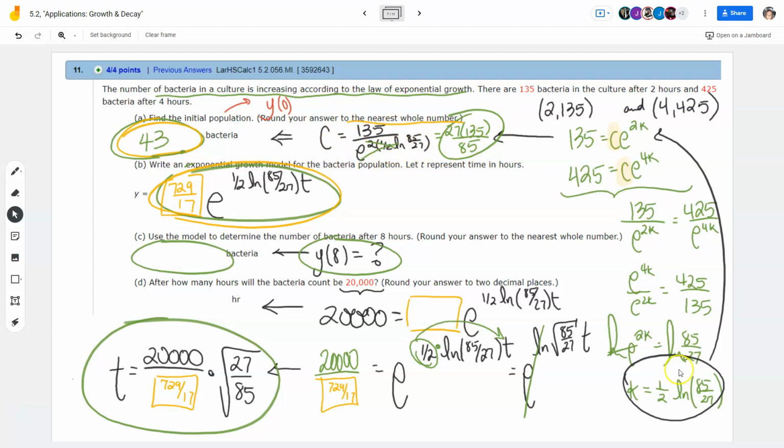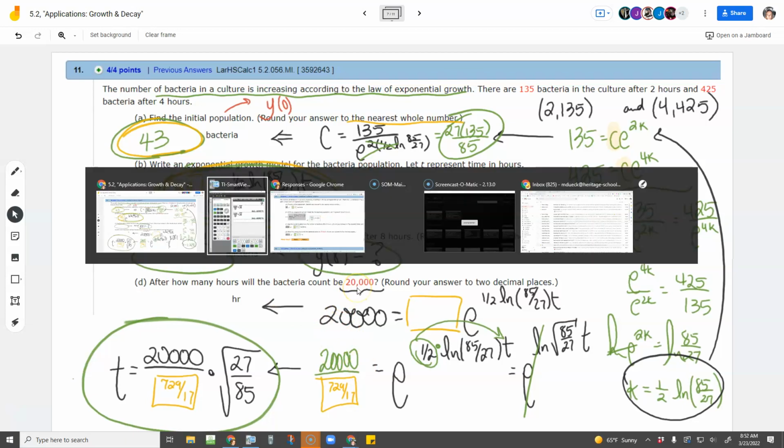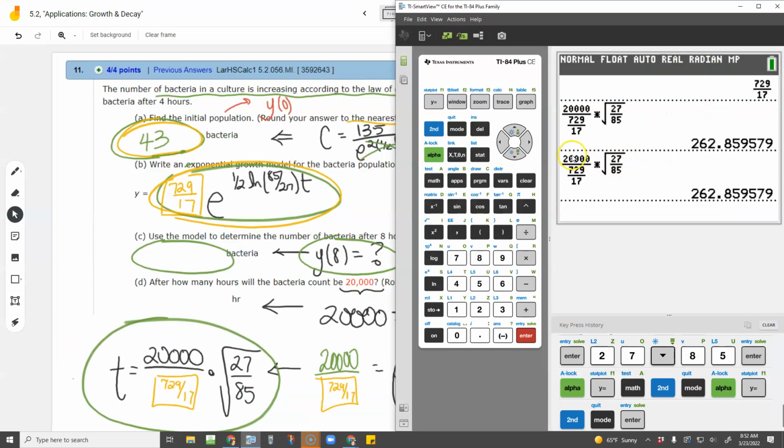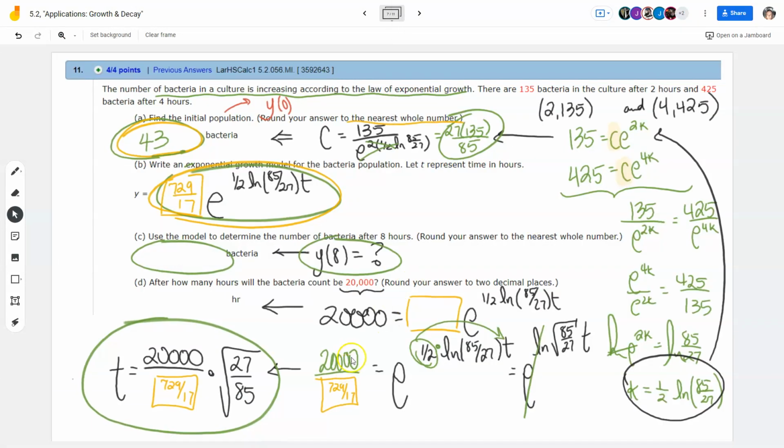Because A, B, and C are right, but I think it's probably just a step B. Yeah, I must have done something funny. So we're setting this whole thing equal to 20,000. I didn't put in the wrong number. 20,000. Yeah, 20,000. Divide by my C, which is 729 over 17.